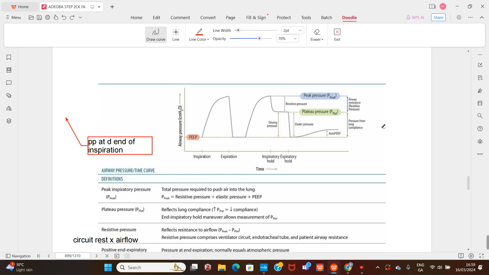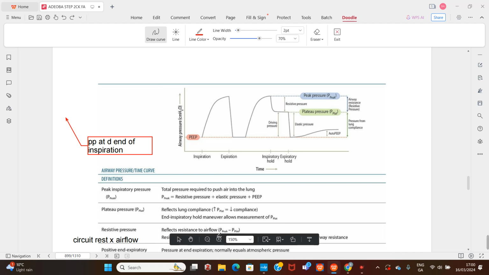So the only way you can remove resistive pressure, because you don't have any control over the diameter, diameter is diameter, is to stop airflow. So there's nothing flowing through that chamber, and your resistive pressure is going to be reduced. Okay. So that is that about resistive pressure. Airflow. Look at it here.